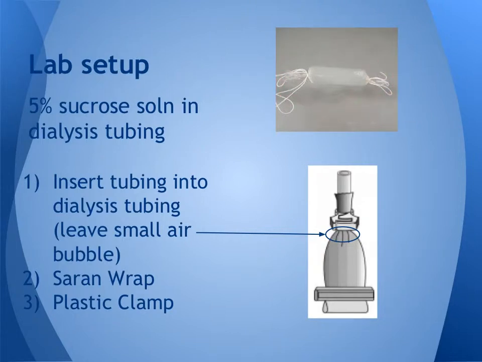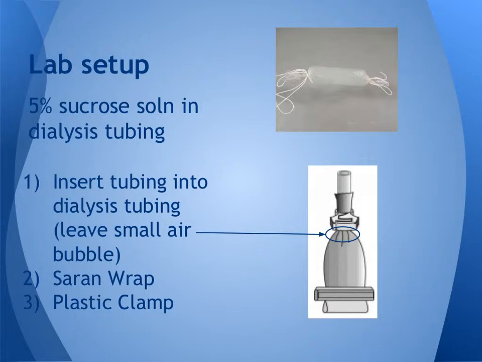Of course, it's not a biological membrane. It's not alive. It doesn't really have much for selective tendencies, but it does have pores in it that are a certain size. And here it was set up with 5% sucrose solution, sugar water, inside of the tube, and then we place that in a distilled water environment in a beaker.